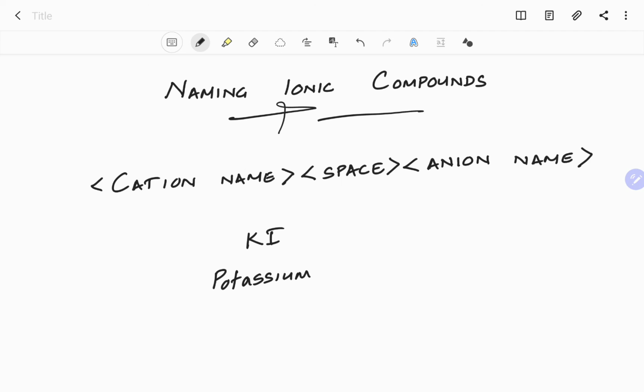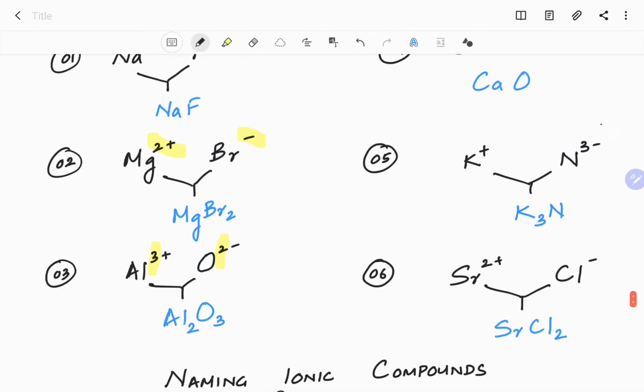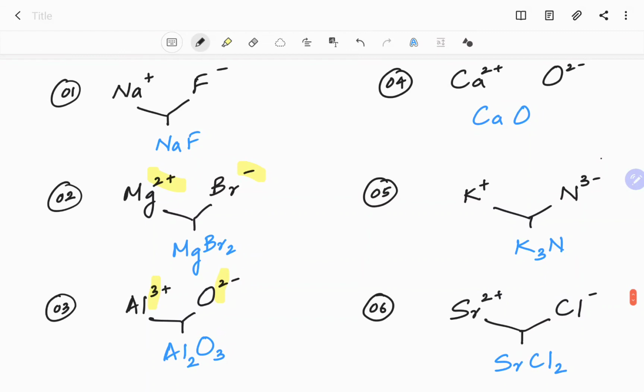How do you write the anion name? You take the first few syllables of the non-metal name, and then you add ide to the end. So this will be potassium iodide. I-O-D-I-D-E, iodide.